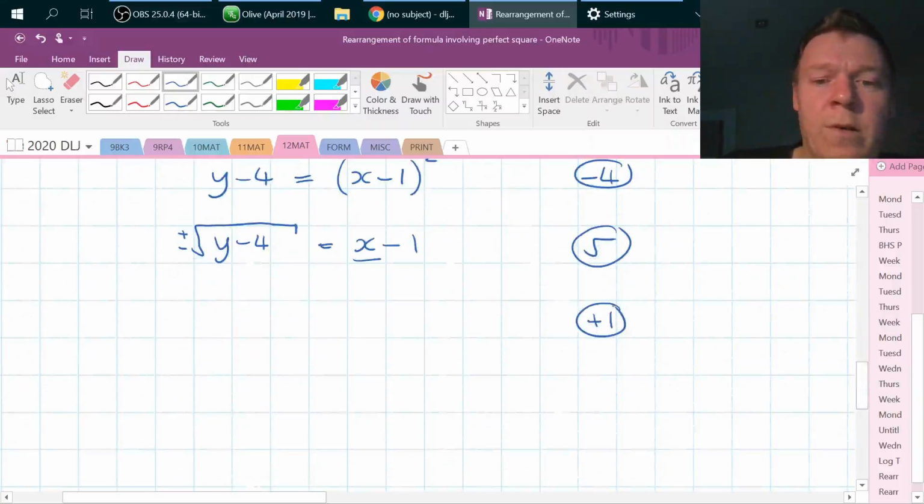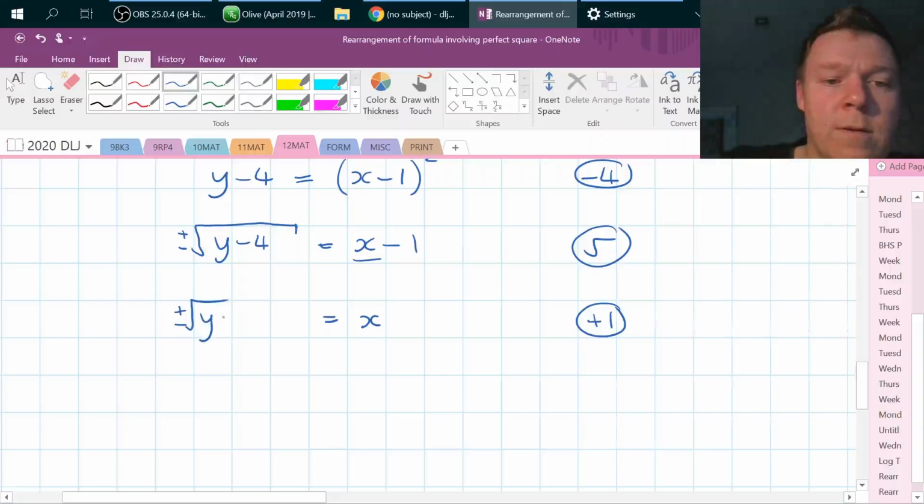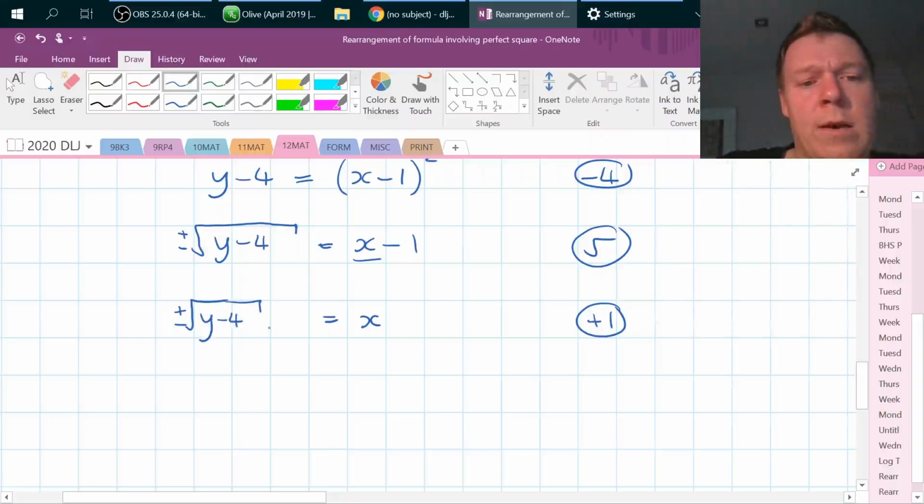Okay, so if we added 1 to both sides, that would eliminate our negative 1 on that side, and it would drop it next to the square root. So it's outside of the square root. The plus 1 is outside, the minus 4 is inside.